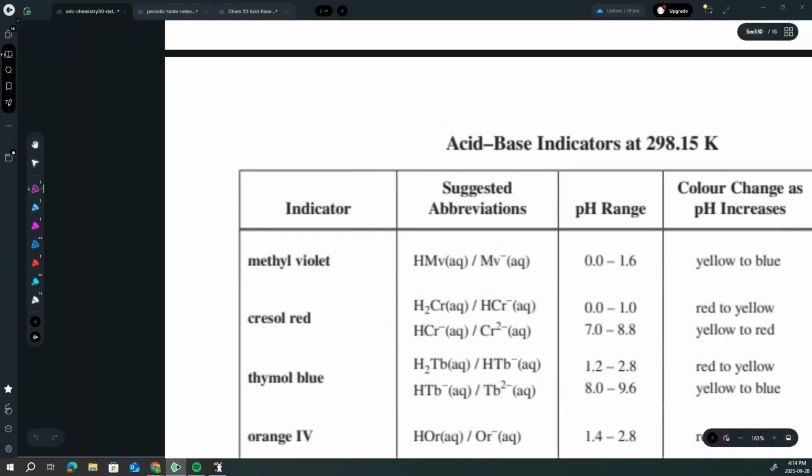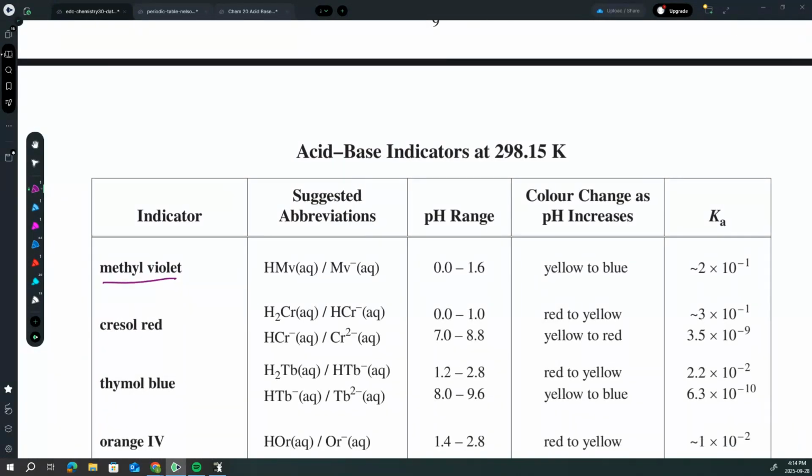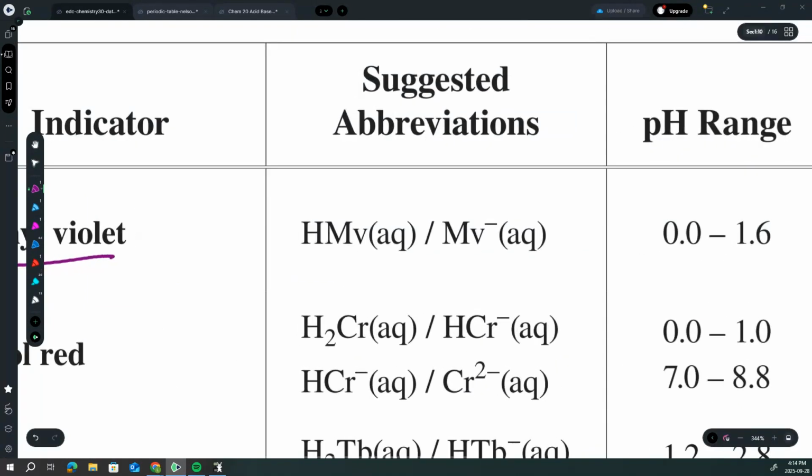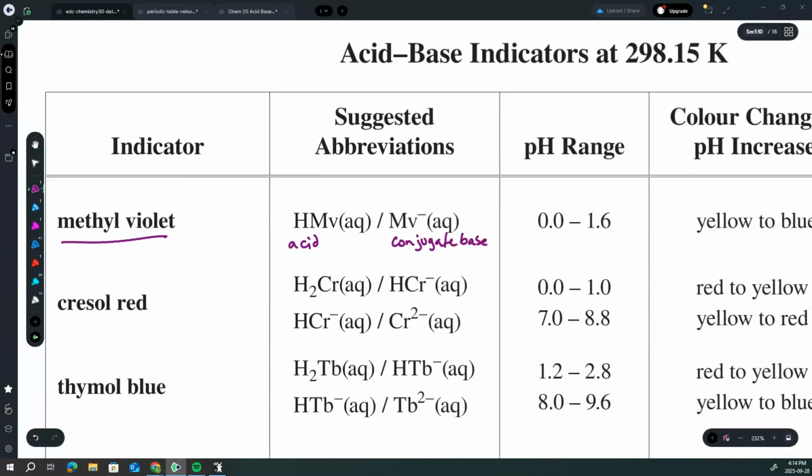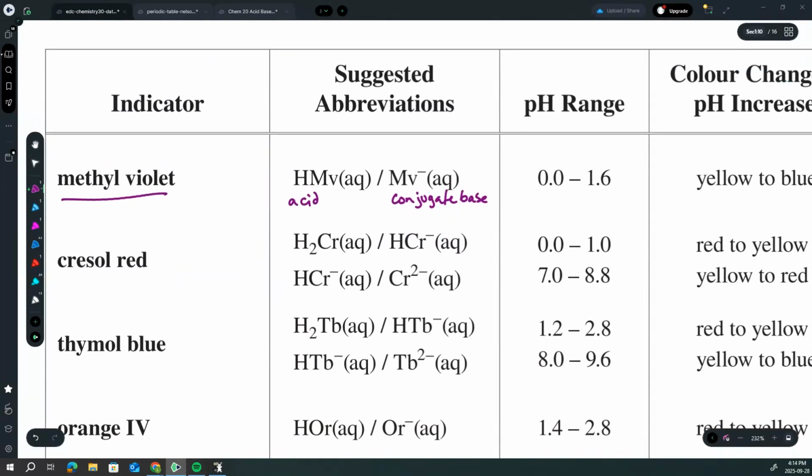For example, methyl violet: the acid abbreviation would be HMV, and the conjugate base abbreviation would be MV1-. This is our acid, and we can tell because it has a hydrogen in it, and this is our conjugate base. Most of these are listed with the acid first and then the conjugate base second.